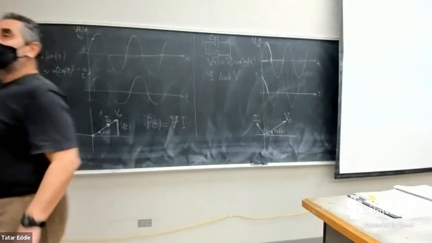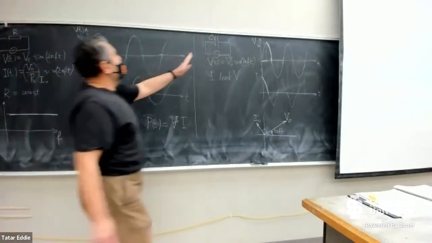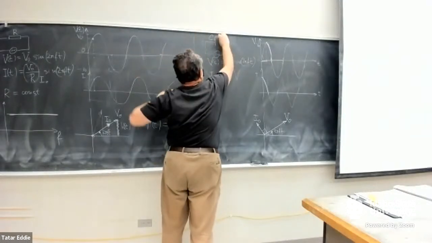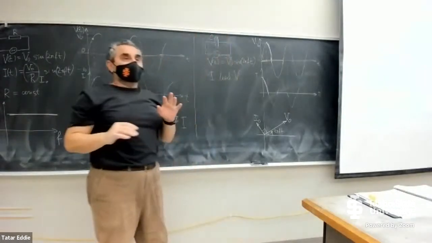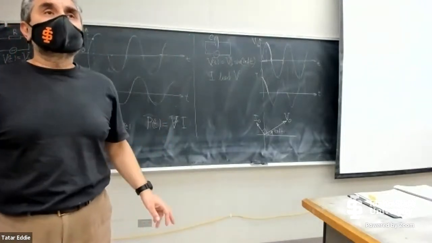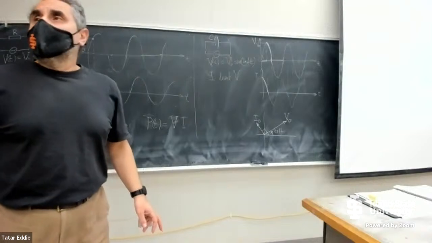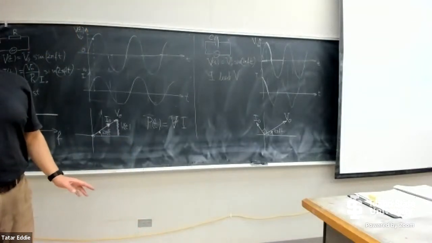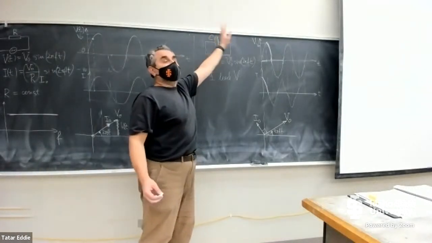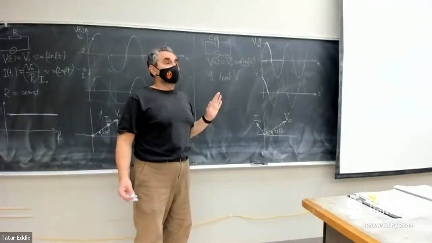Also, look, a capacitor is two metal plates separated by air, separated by an insulator, air or some other insulator. Therefore, strictly speaking, no charges can cross the gap of this capacitor.